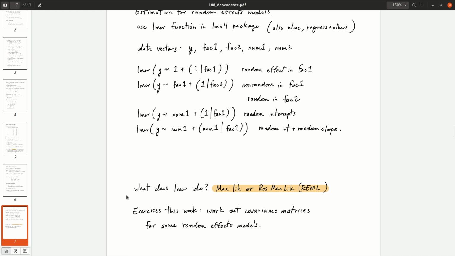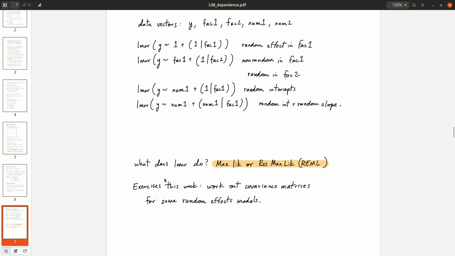So if you were to code up LMER or a method for fitting these models by hand, what you would have to do is figure out what the covariance matrix is, and then you'd have to optimize the function as a function of any parameters that go into the covariance matrix. So the exercise for this week is you're just going to work out what those covariance matrices are, which is the first step to writing your own estimation method for random effects models.